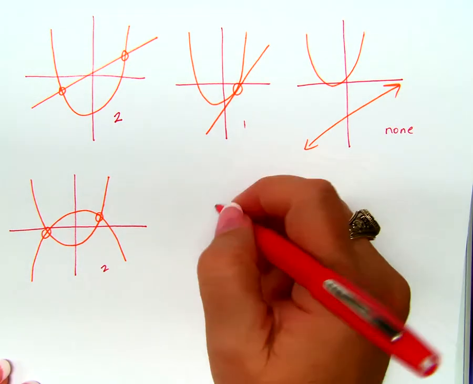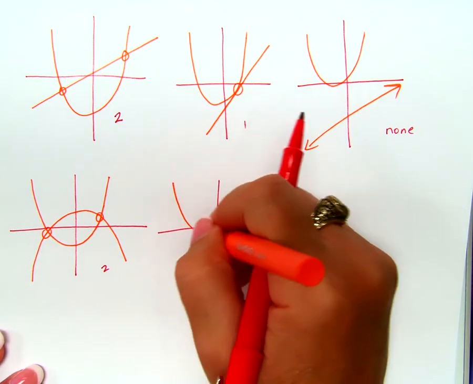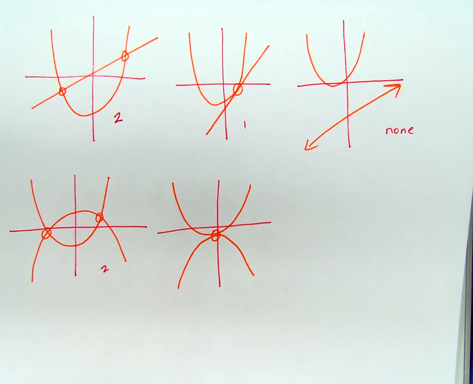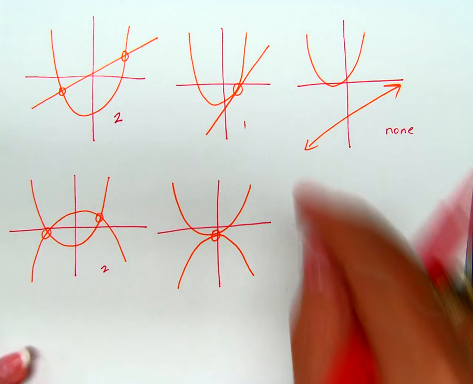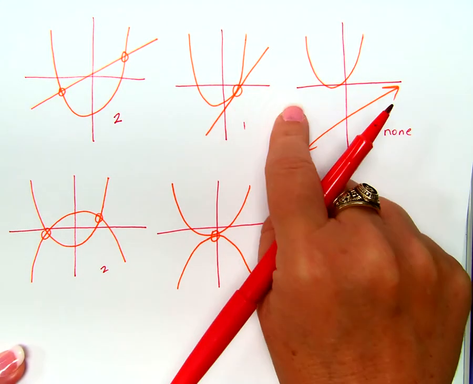How? If their vertices were touching, that's one way. Like right there. Okay. How else? If it was like this, except for the parabola right there, right?